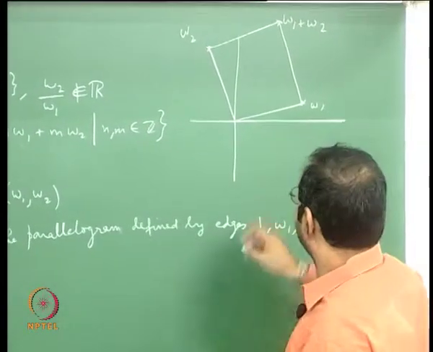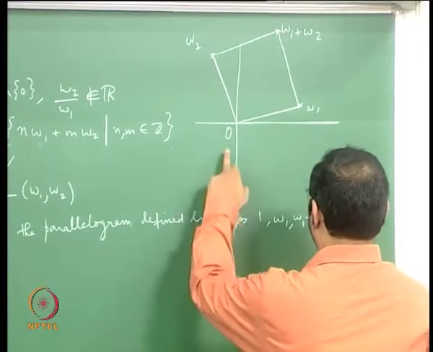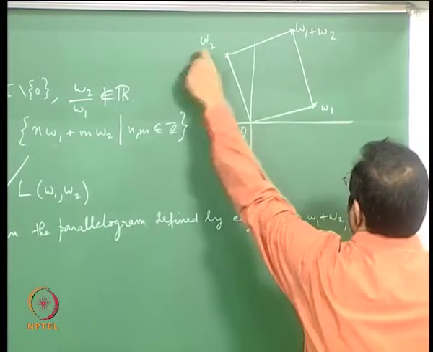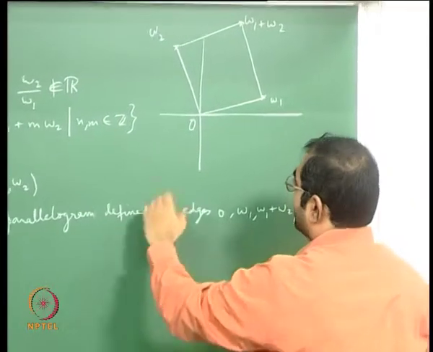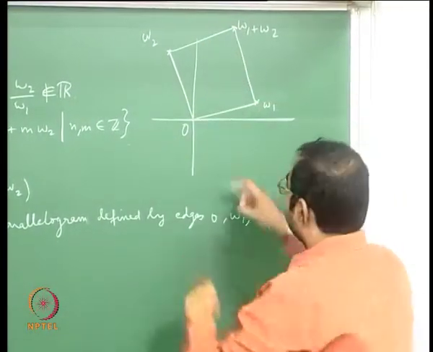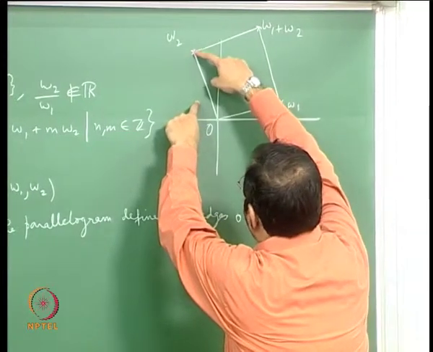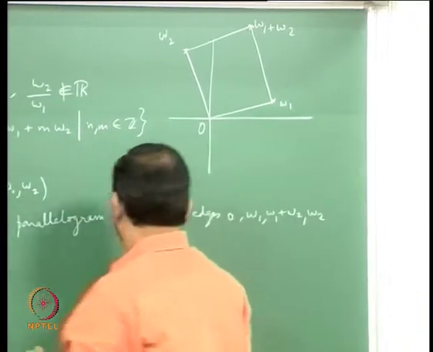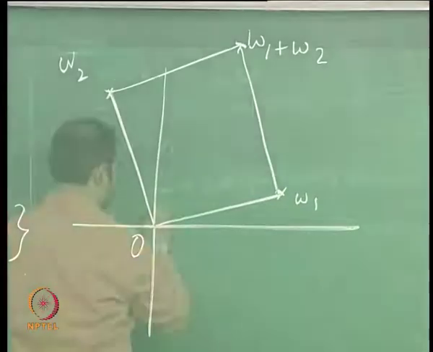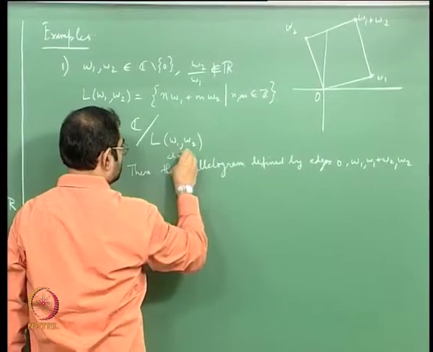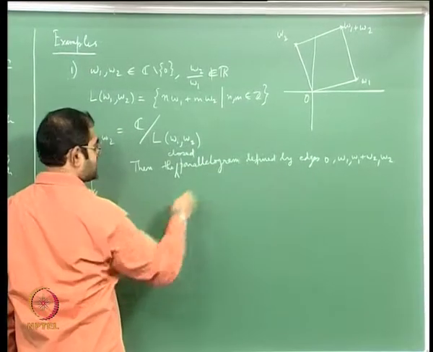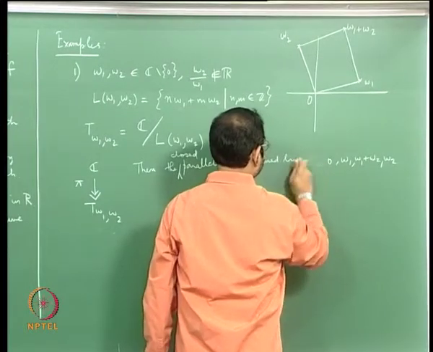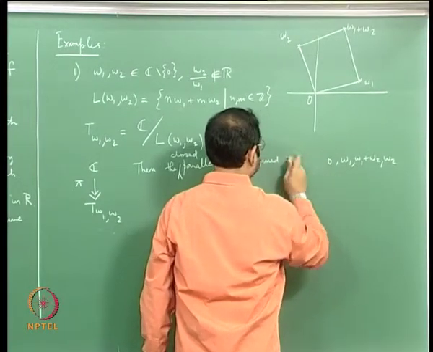You take the parallelogram with vertices 0, omega 1, omega 1 plus omega 2 and omega 2, and you take the whole interior and, for example, throw away this edge and this edge. Then that is a fundamental region. In fact, let me say the closed parallelogram defined by these vertices.